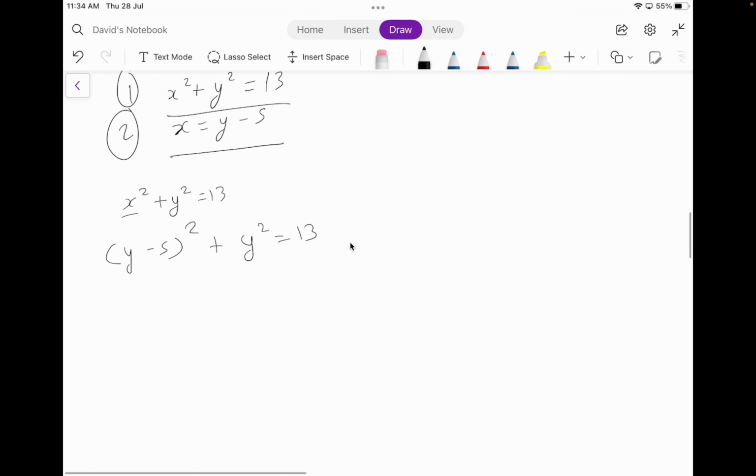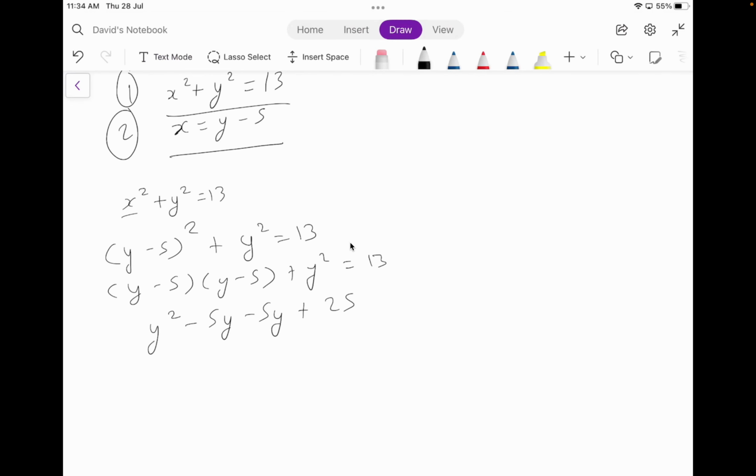Now I'm going to show you how to open the brackets up if you need help. You have y squared minus 5y minus 5y plus 25, plus y squared is equal to 13. We're going to arrange all the like terms together.